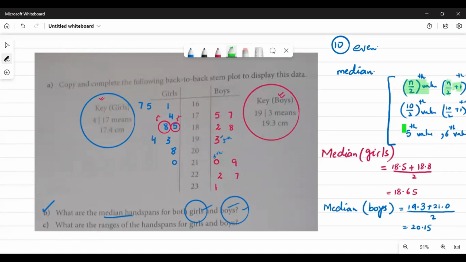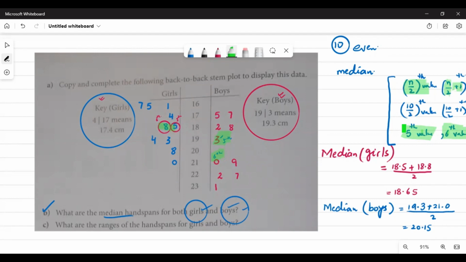You have to take those two values, the fifth value and the sixth value in the data. In girls these two values, and in boys this value and this value, you have to take and add them and take the average.